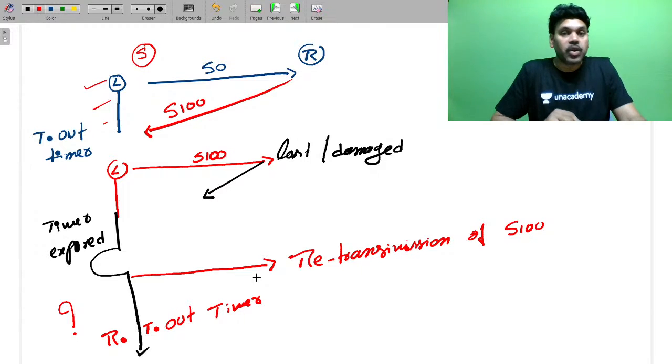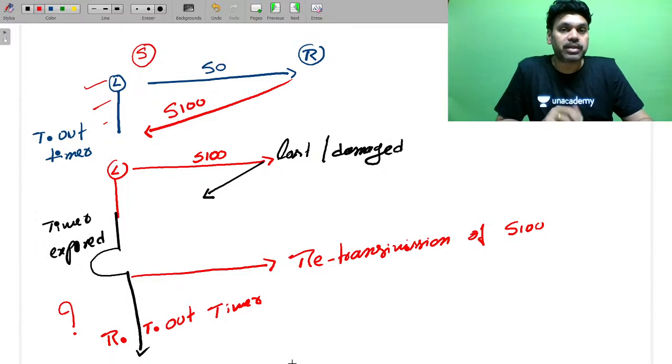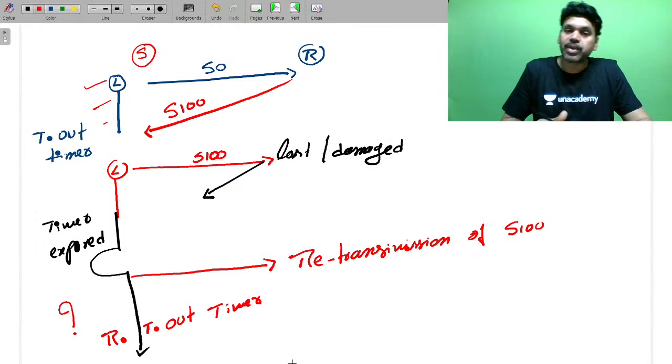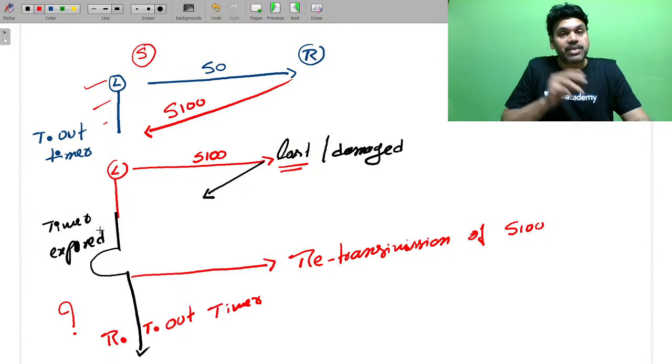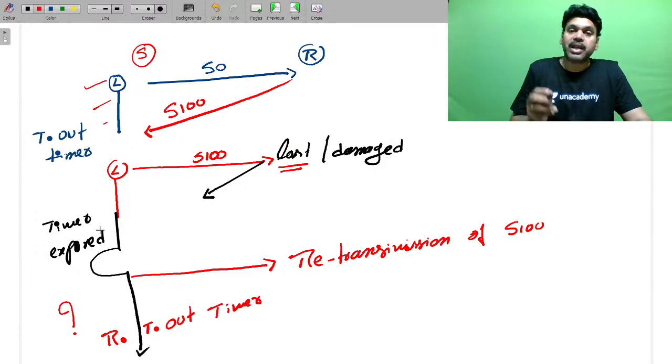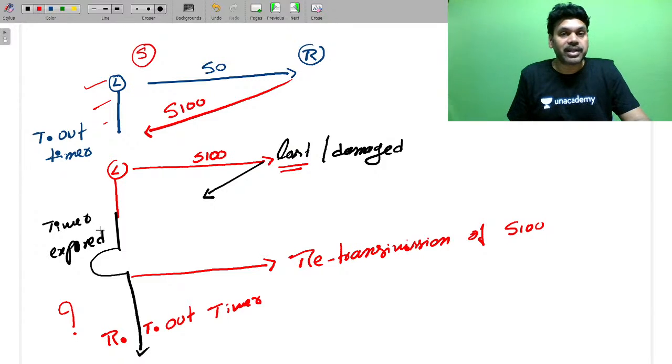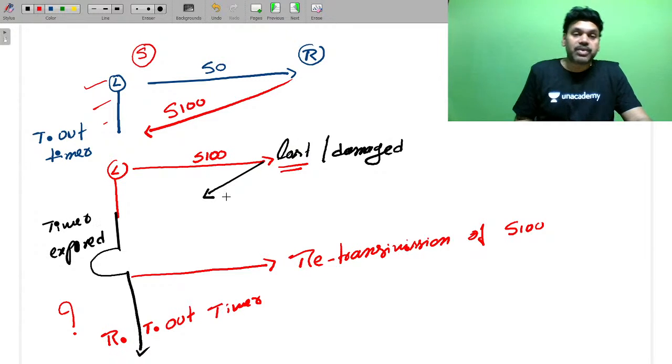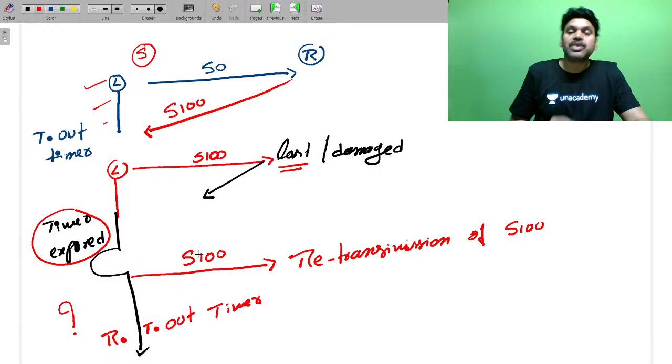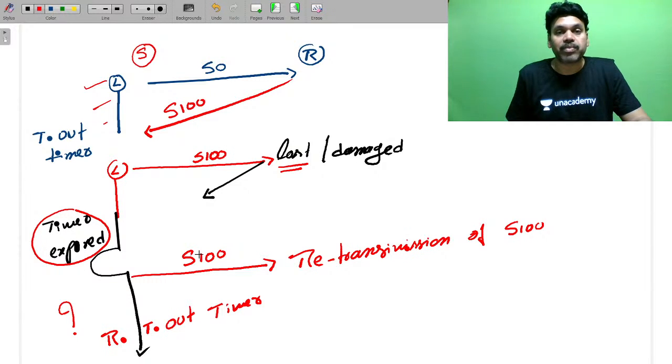Maybe you are not going to get the acknowledgement. A few important things: either your segment is corrupted or lost, or there may be an internal delay. Whenever there is an internal delay, you may receive the acknowledgement later, but soon after your timer expired, segment 100 is immediately retransmitted.